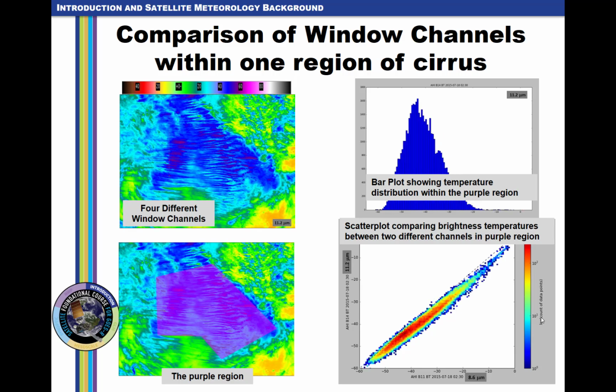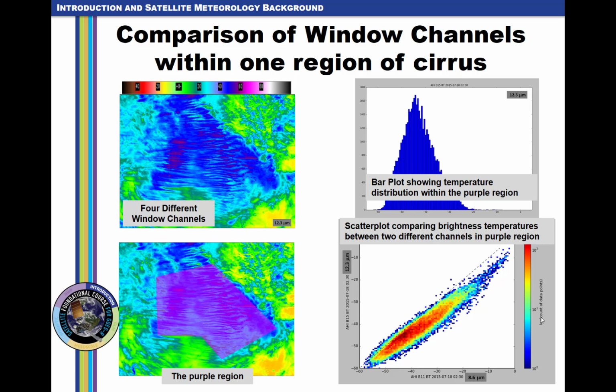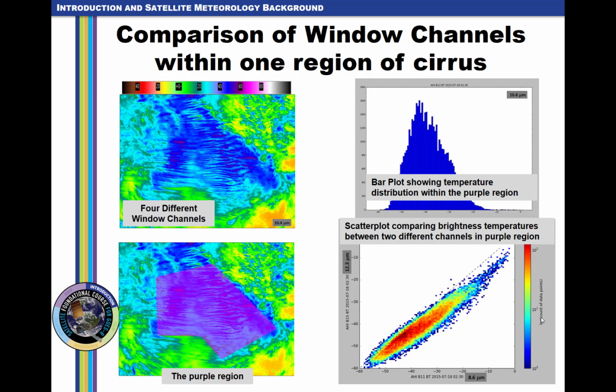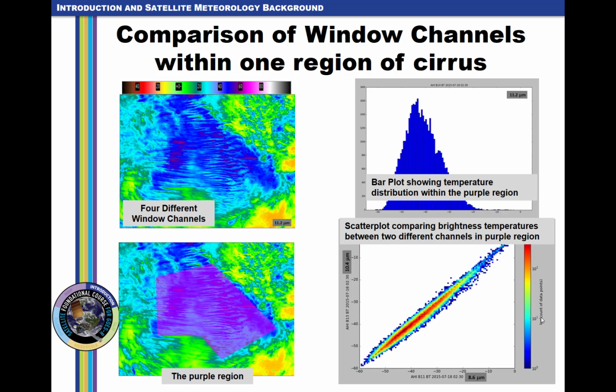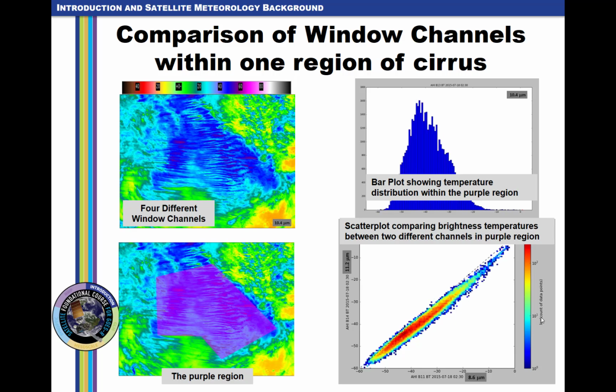Notice how the bar plot is shifting to colder temperatures as you go from shorter wavelengths to longer wavelengths. Similarly, the scatter plot at the bottom comparing the 8.6 micrometer to the longer wavelengths shows the warmer temperatures for the 8.6 micrometer in this cirrus region.